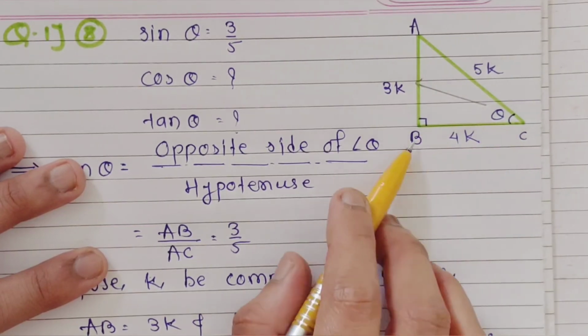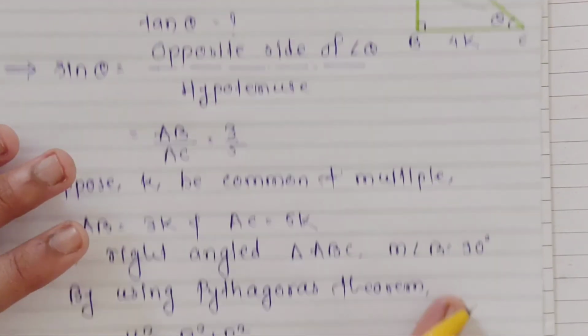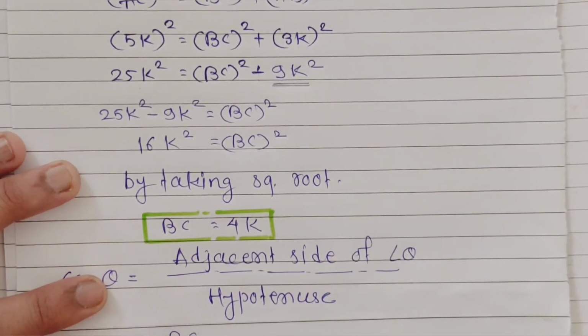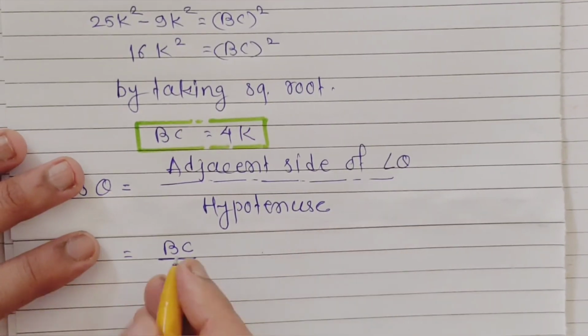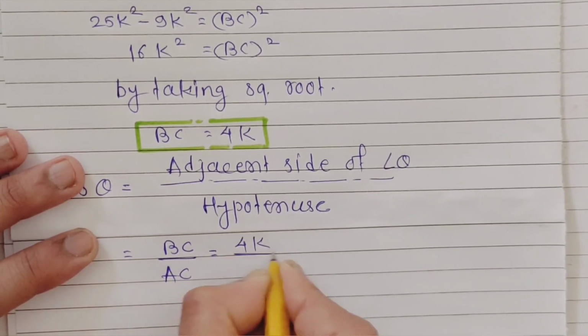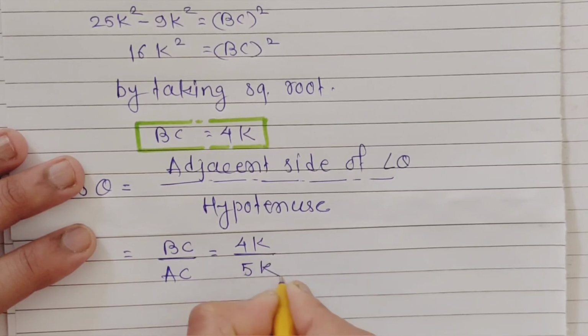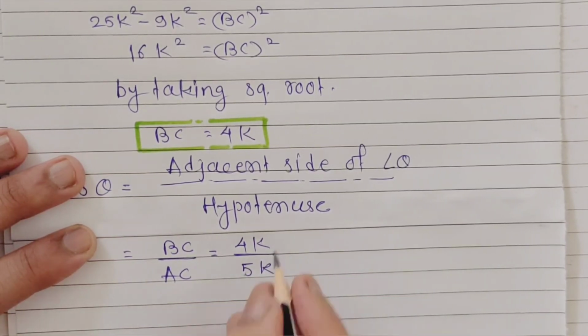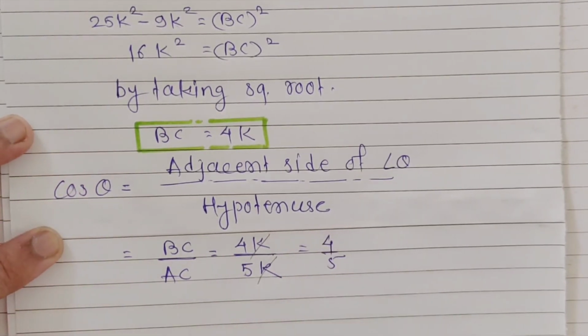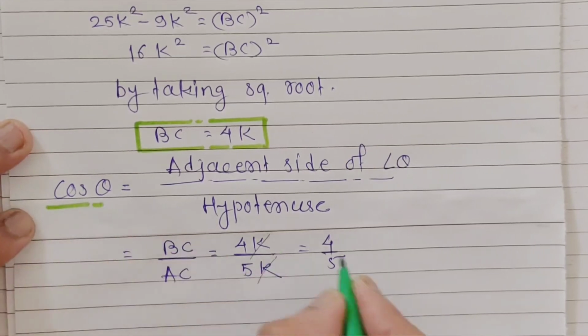That means the ratio will be BC upon AC, is it? So we can write adjacent side, that means BC, upon hypotenuse, that means AC. And BC is equal to 4K upon AC is equal to 5K, is it? So K cancels K, remaining 4 upon 5. It is nothing but cos theta. Cos theta is equal to 4 upon 5.